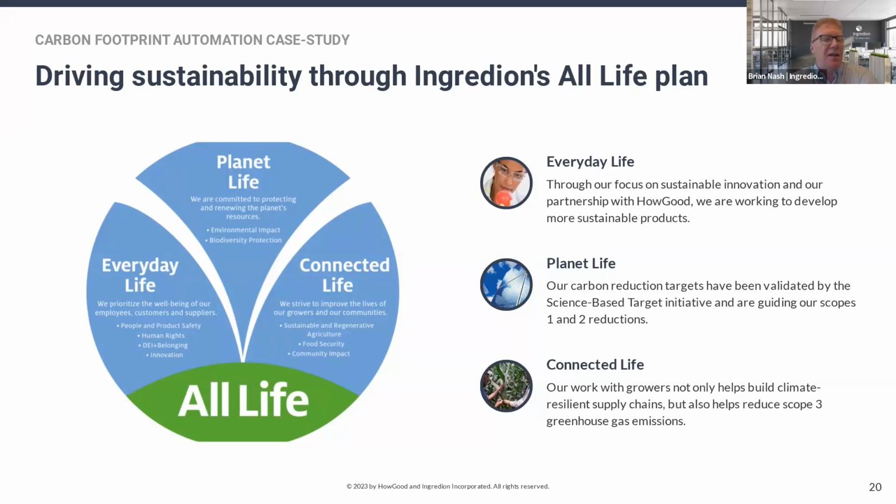So for example, in everyday life, we have targets around innovation, and they very much have a role to play in reducing the carbon footprint, particularly for scope 3, but also some of our scope 1. And then in connected life, we're looking at sustainable and regenerative agriculture. So again, they're looking at how we source different crops, source from different areas, implement regenerative or sustainable practices, and how that is driving some scope 3 emission reduction.